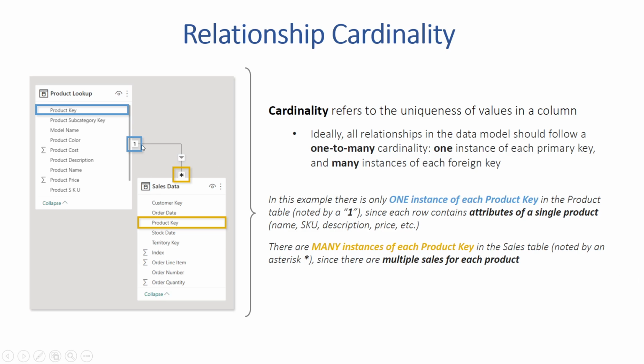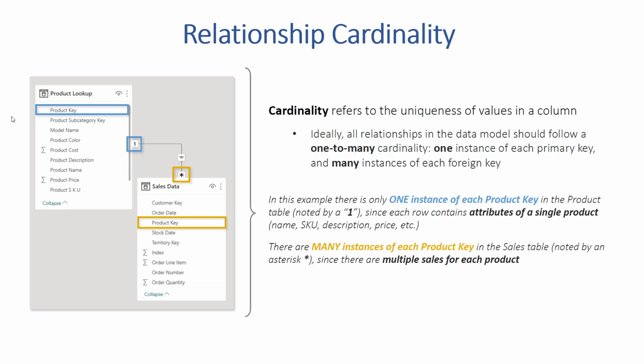There's a one and there's a many, the asterisk symbol. This explains there is a one on each product key in the product table, since each row contains the attributes of a single product: name, SKU, maybe description, price, lots of columns.